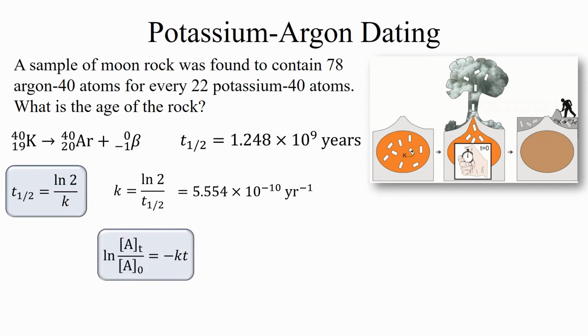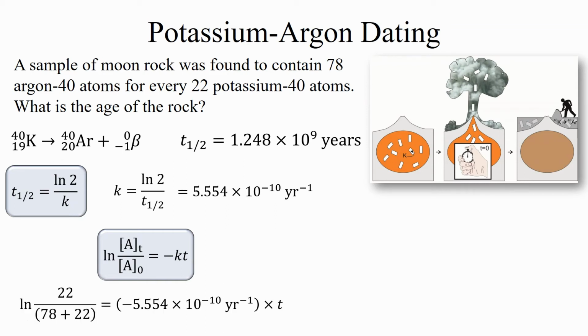Now, in this example, we have a sample of moon rock that was found to contain 78 argon-40 atoms for every 22 potassium-40 atoms. We want to find the age of this rock. Well, as you recall, the first-order kinetics equations talk about concentration. In this case, we can take the absolute number of atoms detected as equivalent to concentration.